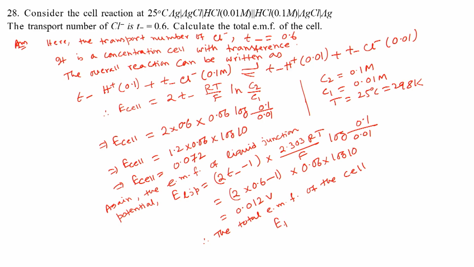We write E total is E cell plus ELJP. The value of E cell we calculated is 0.072 and ELJP is 0.012. So you get 0.084 volt. This is the value of total EMF of the cell, or E total.